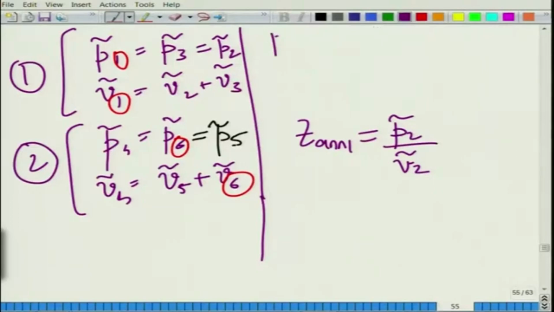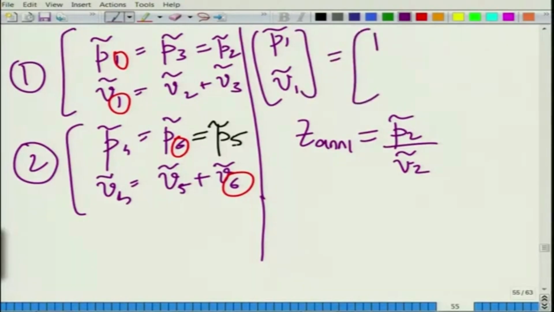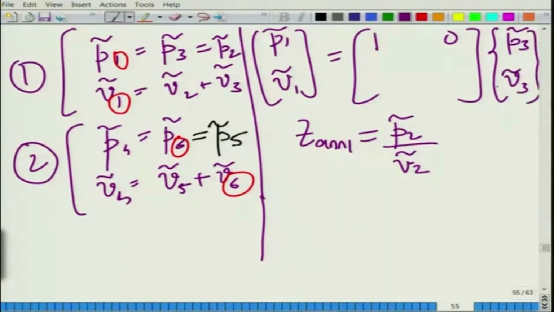So, P1 and V1 tilde is equal to, if I can write this as 1 and this as 0, and this part would become P3 and V3. Because P1 is equal to 1 times P3 and 0 times V3, and this is 1 by Z and 1. Why?